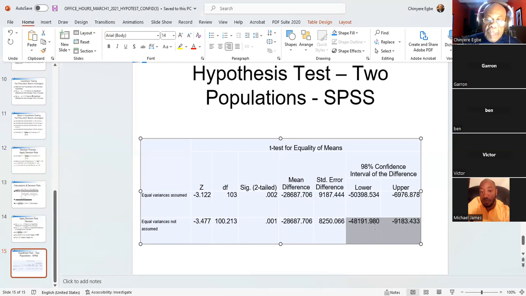But if you go from positive to negative, then you are not able to reject the null hypothesis. I want to make this very, very clear because once you are not able to reject the null hypothesis, you are saying that the two averages are equal. If you reject the null hypothesis, you are saying that the two averages are not equal. That's very simple, okay? Does anybody have any questions on that explanation?